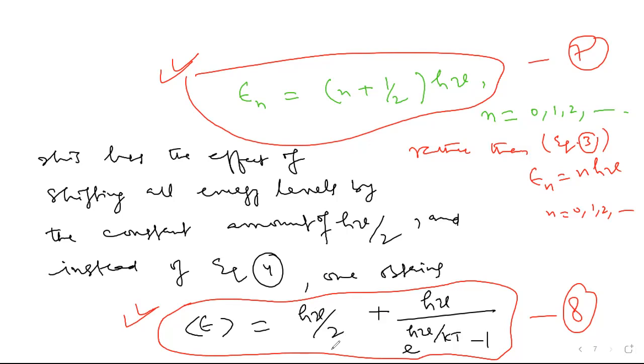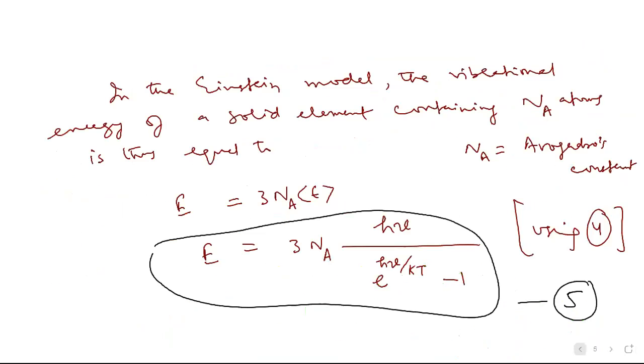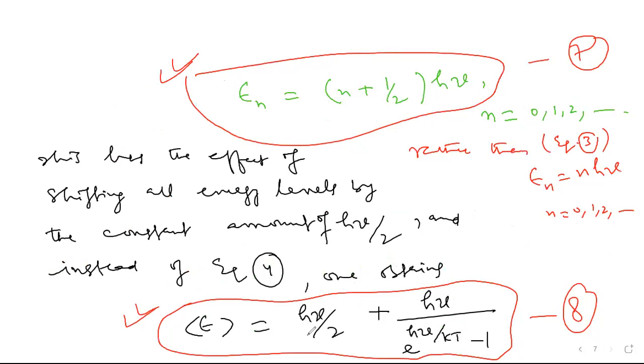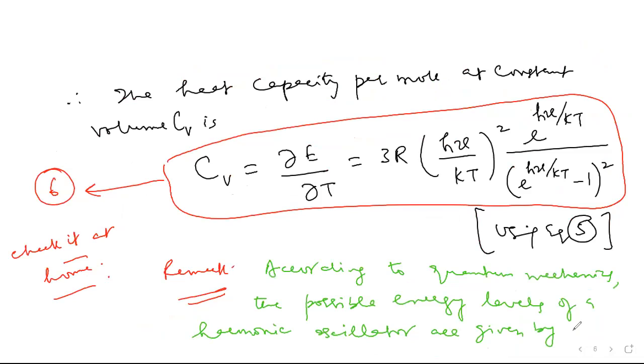The rest is the same: 3 Na h nu by e raised to h nu by kT minus 1. When you differentiate with respect to temperature, the constant term vanishes to 0, and you get the same expression for CV as equation 6.